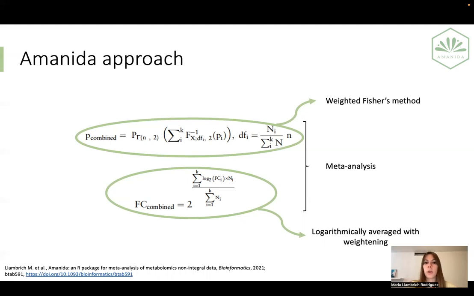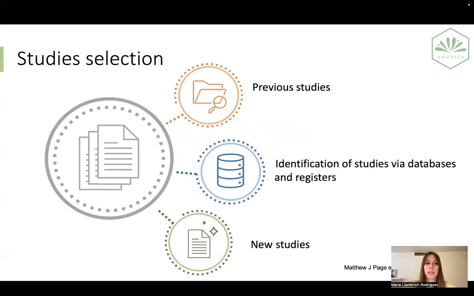So what do we need to perform the meta-analysis? First, the study selection, so a systematic review or the choice of the researcher. Our recommendation is to follow the PRISMA guidelines for systematic reviews to be sure that we are including all the studies that are published about that topic.